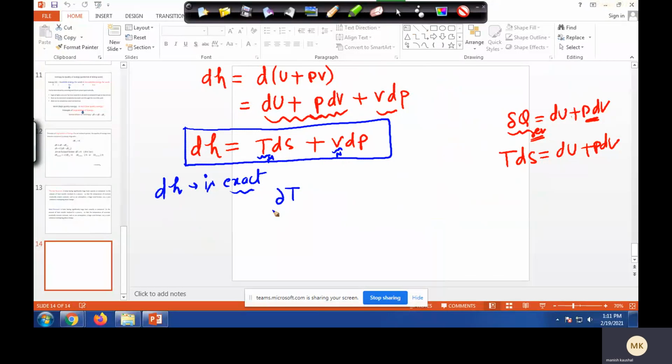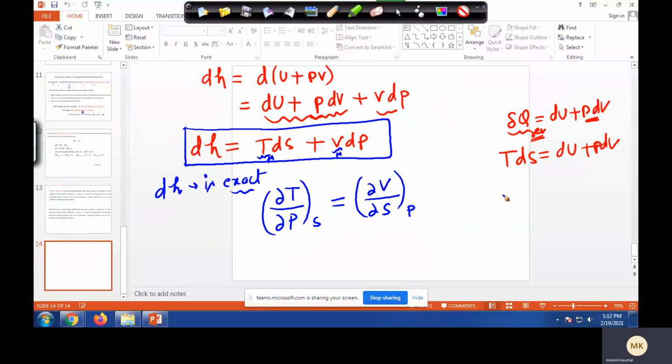Del T by del P at constant S is equal to del V by del S at constant P. That is going to be true.